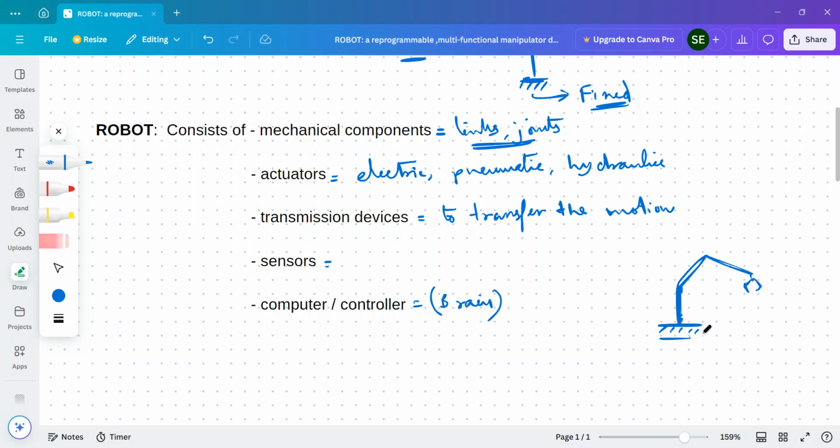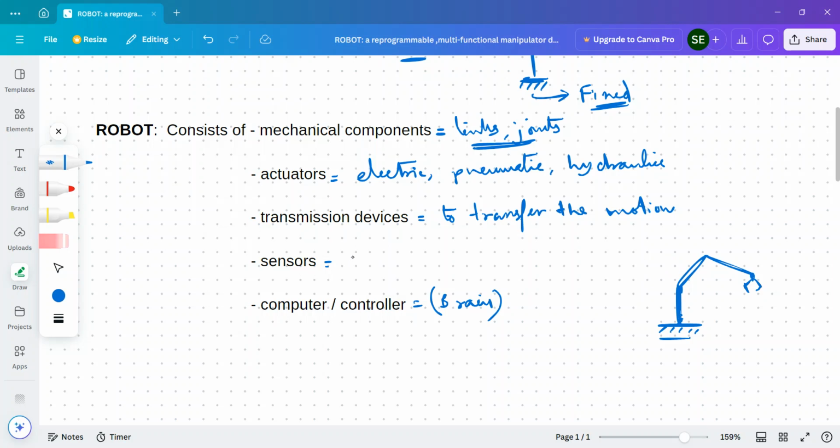If the controller is operating the robot, then the motion gets transferred to each link and finally to the end effector with the help of transmission devices. We will learn more about this in the upcoming sessions.